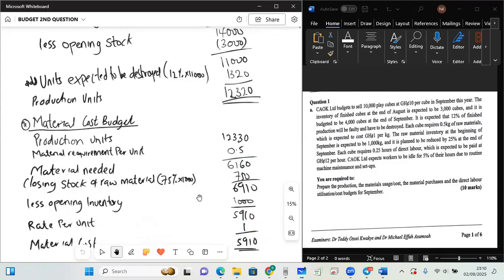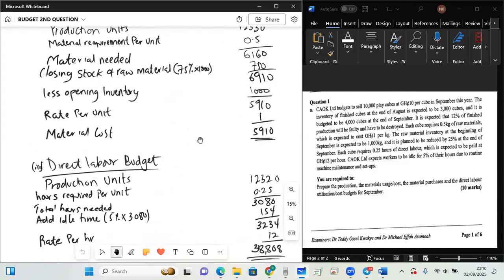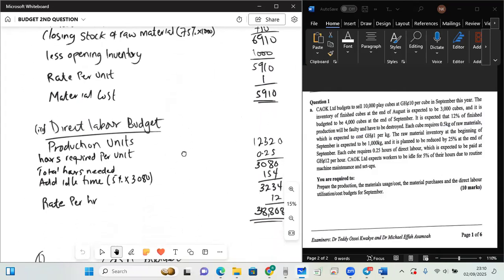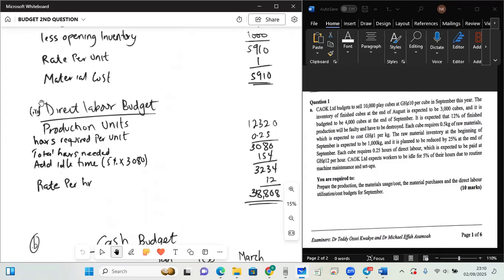Now, we move on to preparing the direct labor budget. For the direct labor budget as well, we have the units, because we will need the unit before we will know the amount of labor we will need. We start with our unit as usual, and then we are saying that we will need what? 0.25.